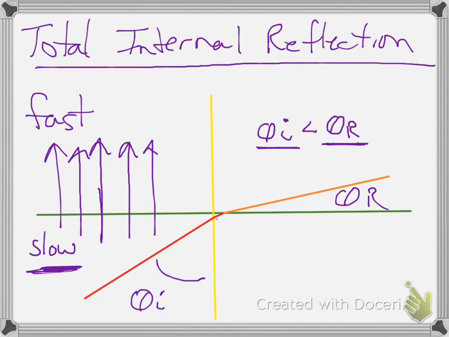Now, if you keep moving this angle of incidence out, so you're getting a bigger and bigger angle, what will happen is your refracted ray will disappear and actually just be reflected inside.